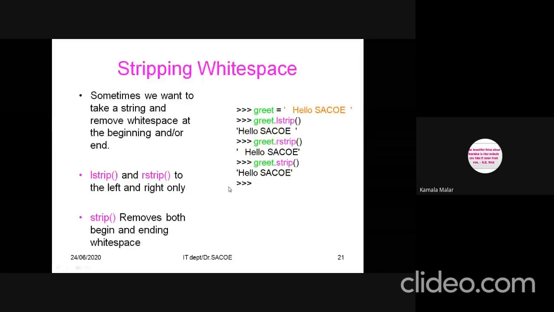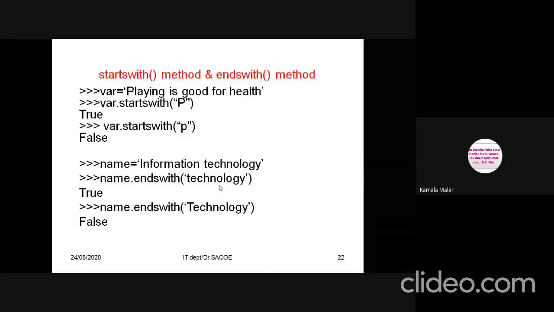Next we are moving to the next methods available in the str class: startswith and endswith. From the name itself, Python is so simple and easy. It is like English; from the words themselves we can understand and start coding by ourselves. Here, 'playing is good for health' is given as a string, that is, the sentence is given as a string to the variable var.